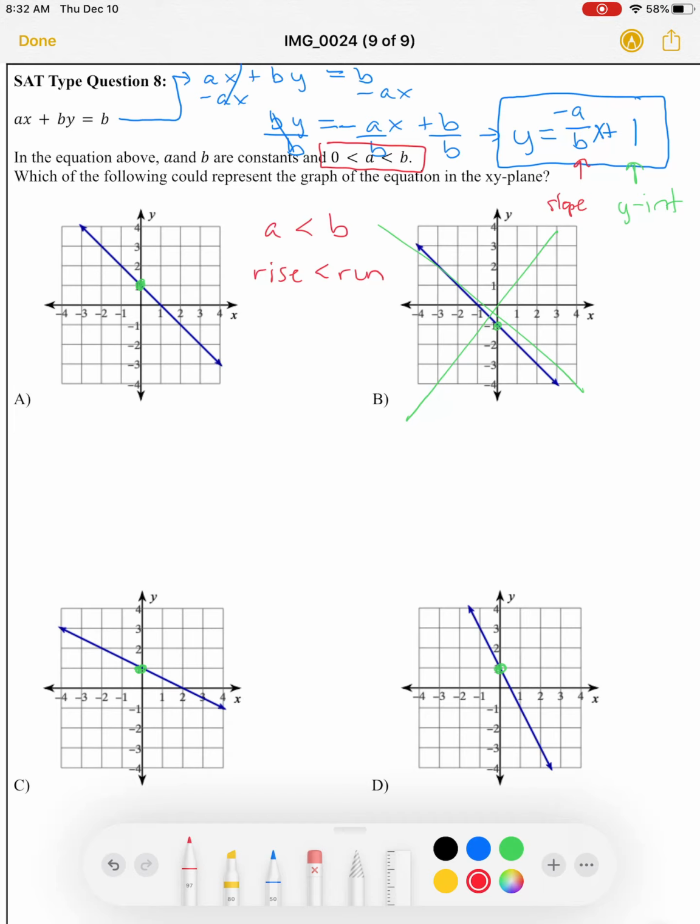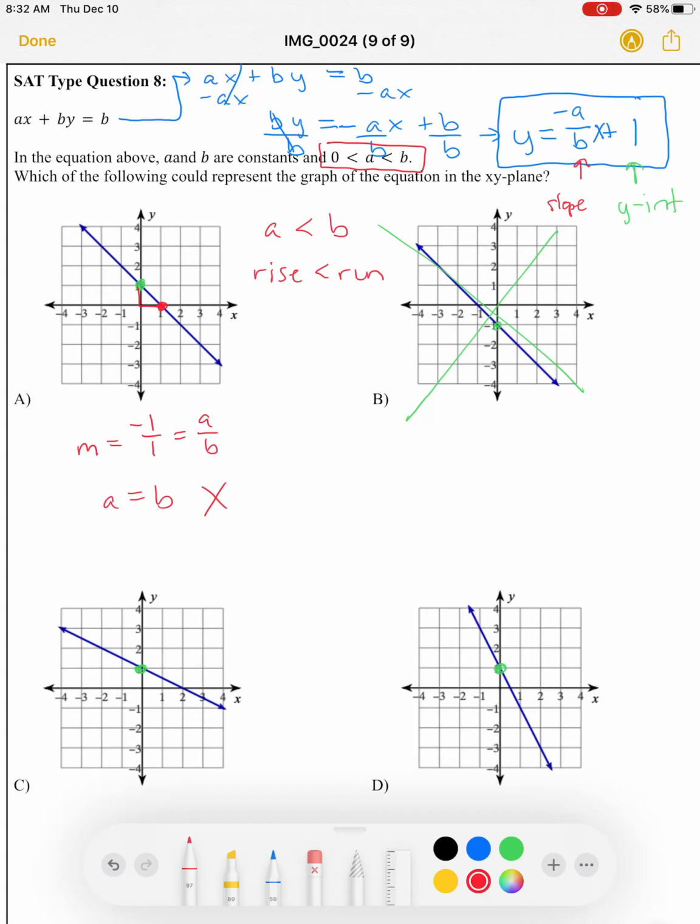In option A, if we find a different point on the line and we count rise over run, our slope would be down 1 over 1. If we think about that, our a and b values equal each other, so it can't be option A. Looking at option B, we already crossed that out because it had a y-intercept of negative 1.